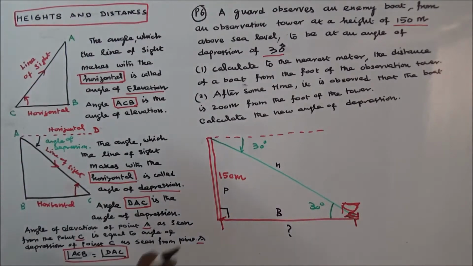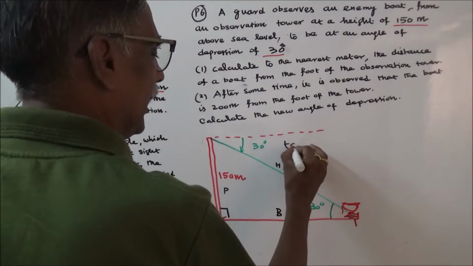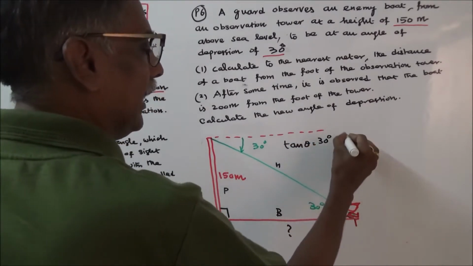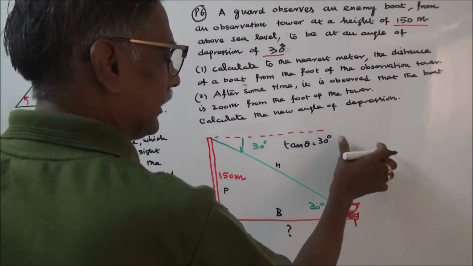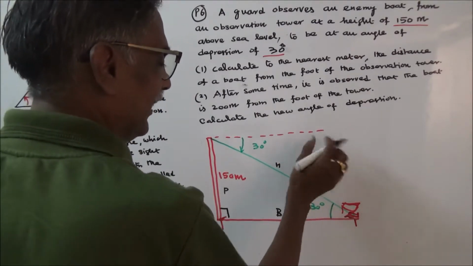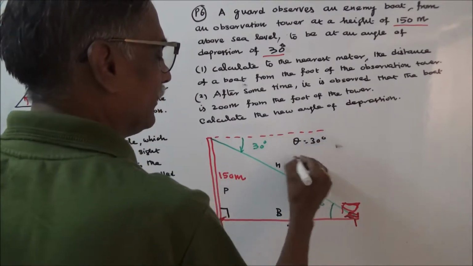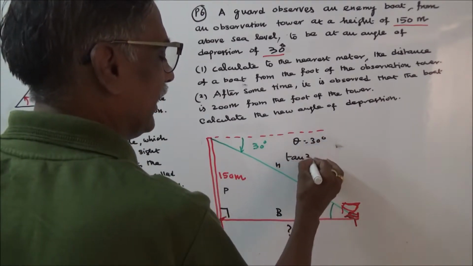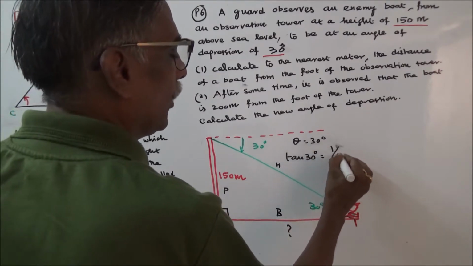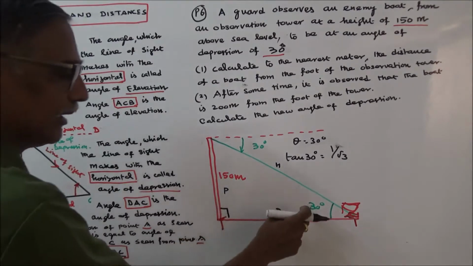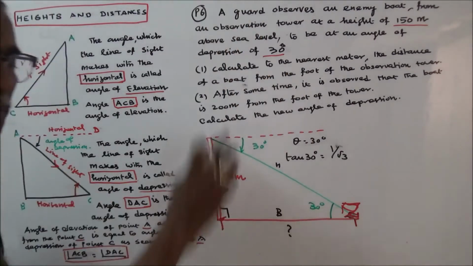We can calculate tan theta. Theta is 30 degrees, and tan 30 degrees is equal to 1 by root 3.